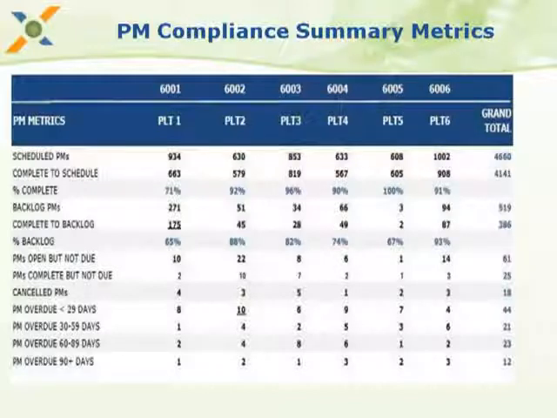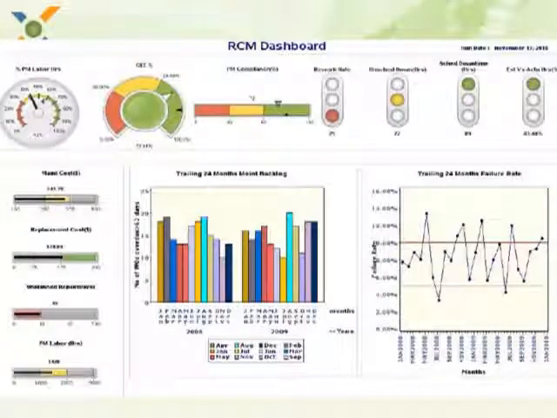Another example is this RCM dashboard. This has various things in it, but you may have some targets that you have set, and then you can use various visual tools to help identify them. Some of these things were done in Crystal, some of them were done in BERT.